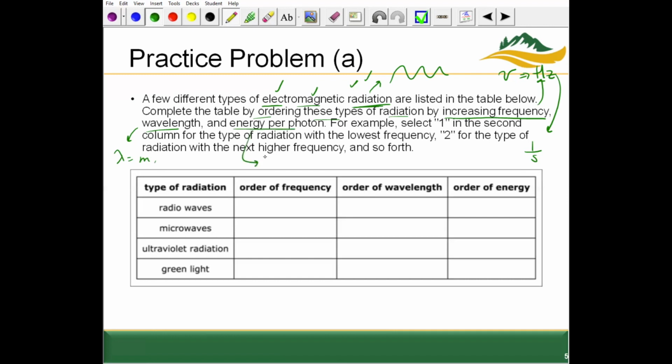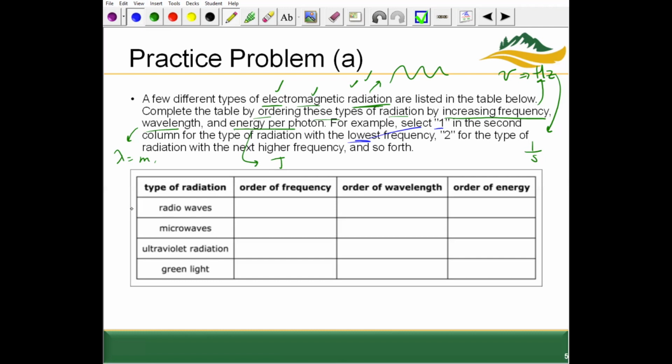What are the units of energy typically? Well, we saw in chapter 6, we used joules to describe energy, joules or kilojoules. So we're going to select 1 in the second column for the type of radiation with the lowest. So 1 for the lowest, 2 for next, and etc.